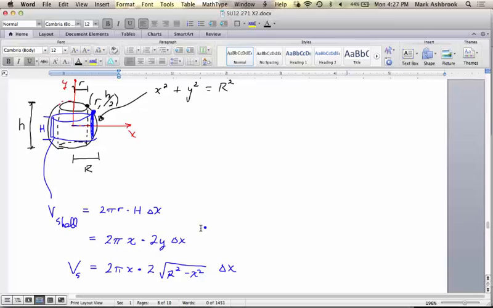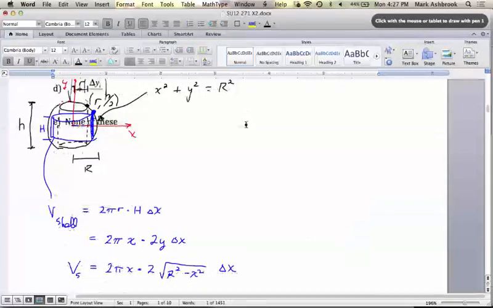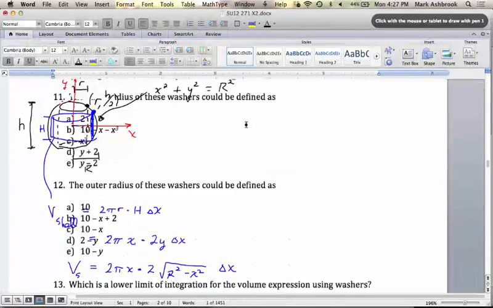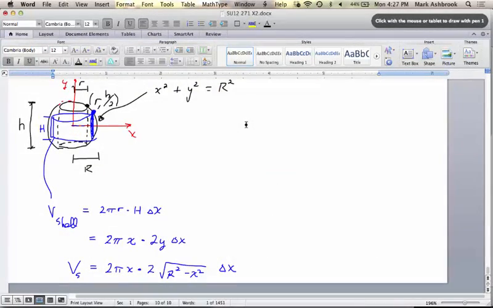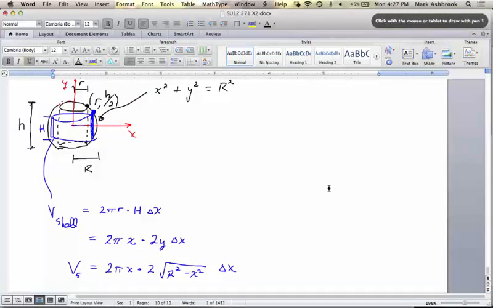Okay, questions on that? All right, so then we're going to sum up all the shells. Okay, there we go. So we're going to sum up all the volume of all the shells.